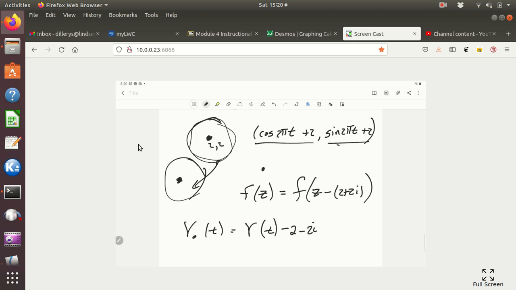It will make you think of 2, 2 is back here, and then my new f of z, so I could call that f0 of z, would be the old f of z minus the 2 plus 2i.